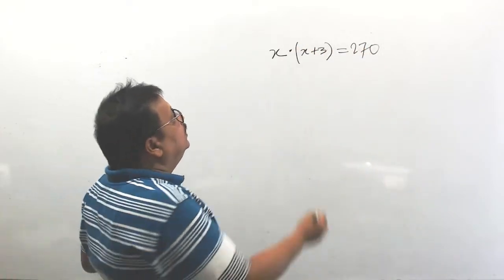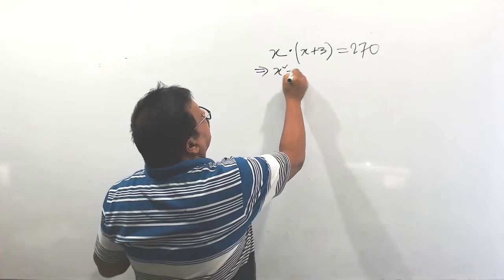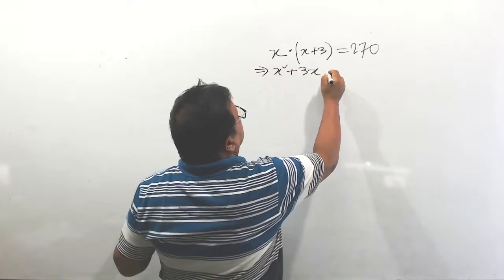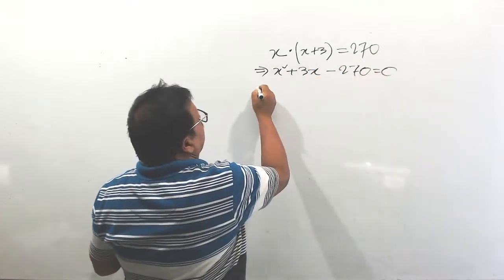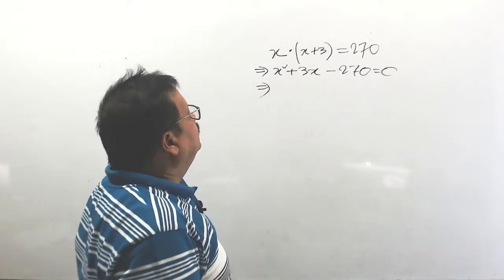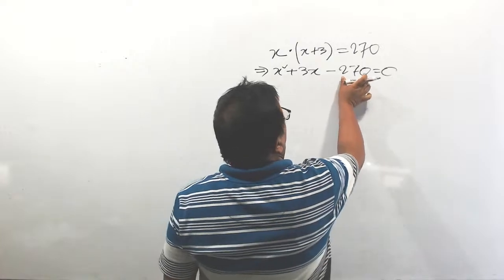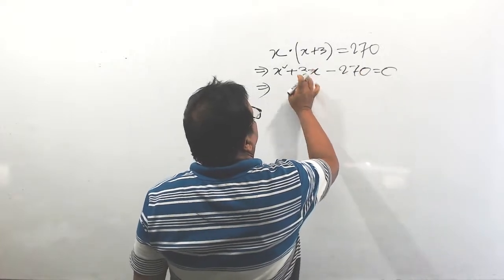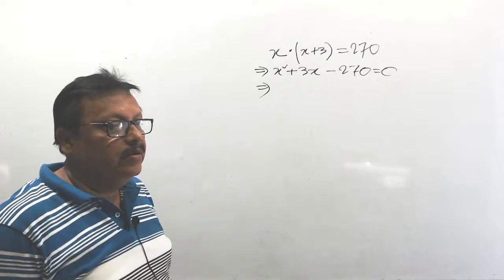Correct? Now simplify. That is x square plus 3x minus 270 equal to 0. Now, you have to find the value of x. That is, you have to bring 3 by factorizing 270. Okay?